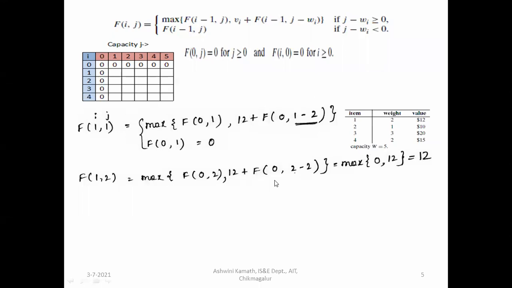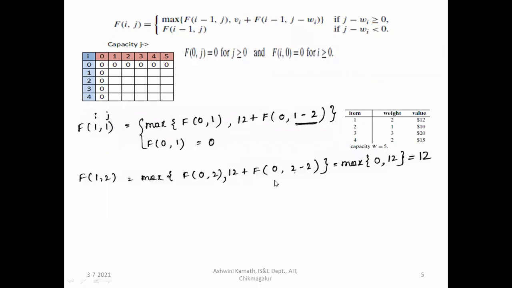So f of 1 comma 2 is equal to the maximum of f of 0 comma 2, i minus 1, 1 minus 1, 0, 0 comma 2 comma first item value, that is the ith item, it is the first item, so it is 12. 12 plus f of 0 comma 2 minus 2. 2 minus 2 is 0, right? f of 0 0 is there.